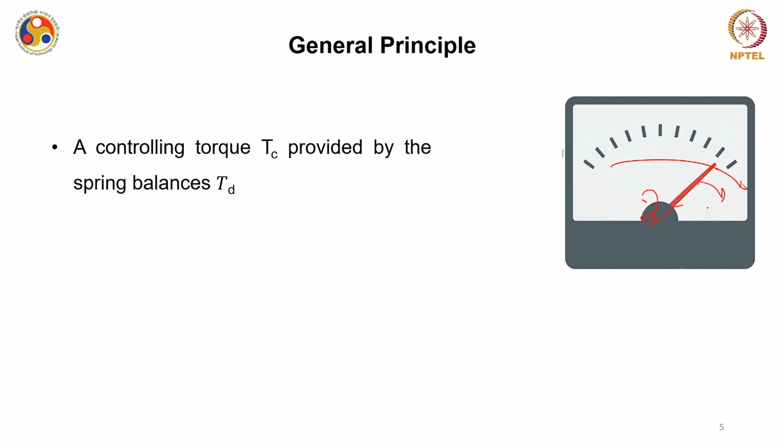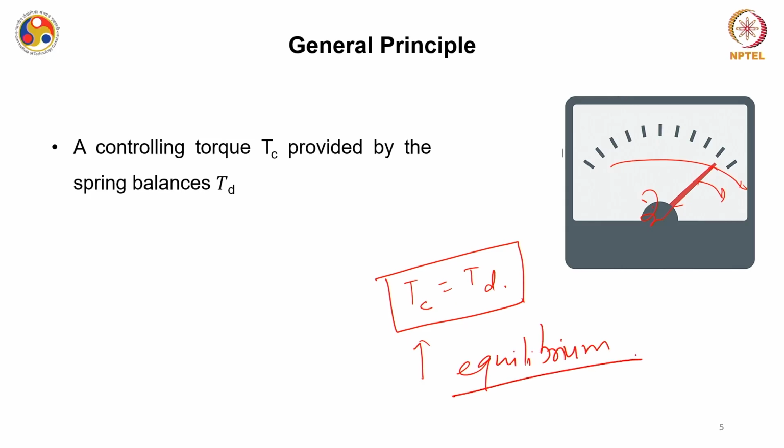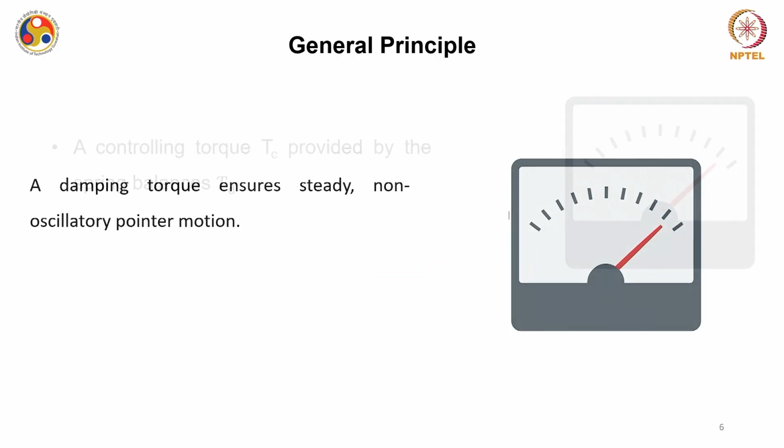There will be a time when this controlling torque will be equal to the deflecting torque, and this state is known as the equilibrium state. So, we will reach this equilibrium state when the controlling torque is equal to the deflecting torque.